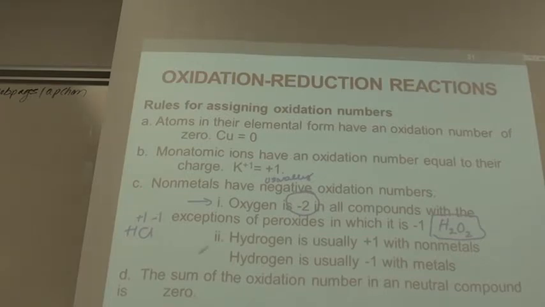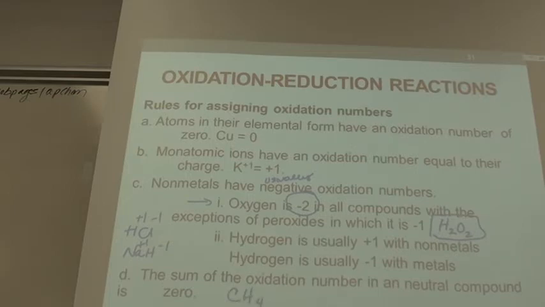Now, if hydrogen is bound to a metal, and it is in a compound called a hydride, the hydrogen usually is -1. What would sodium be? +1.